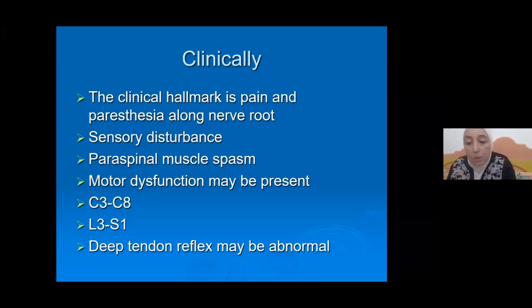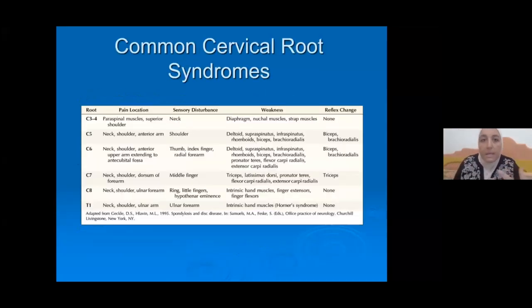This will cause what we can describe as common cervical root syndromes in the cervical region and common lumbar root syndromes in the lumbar region. So let us go through the clinical picture of common cervical syndromes and common lumbar syndromes to revive our memory about the complaint of the patient.